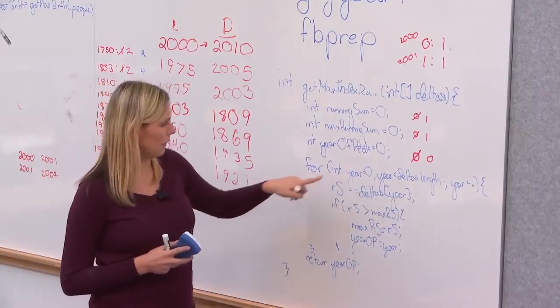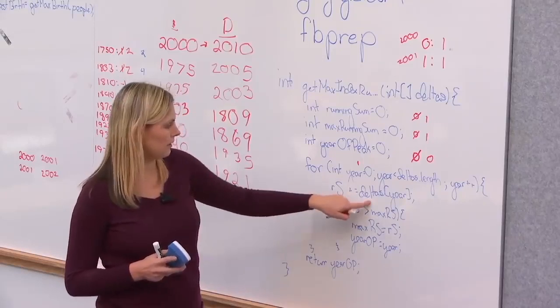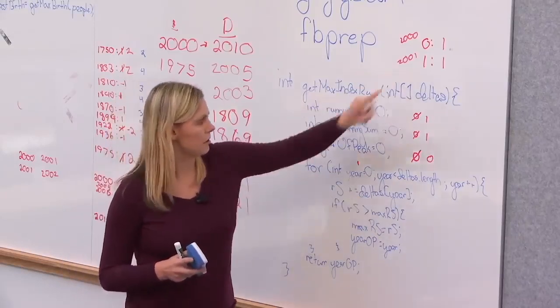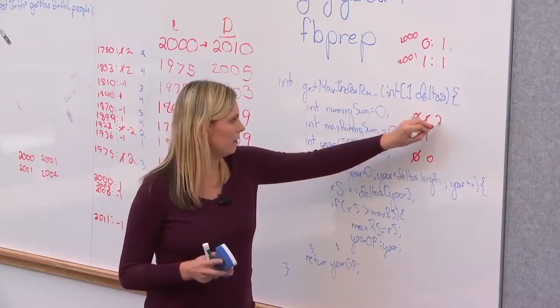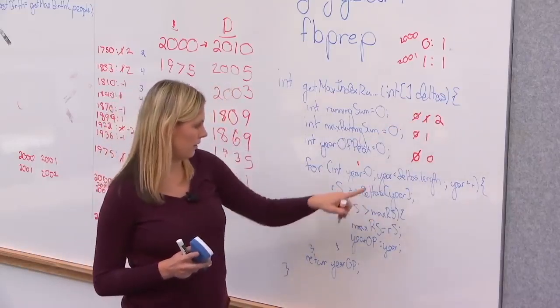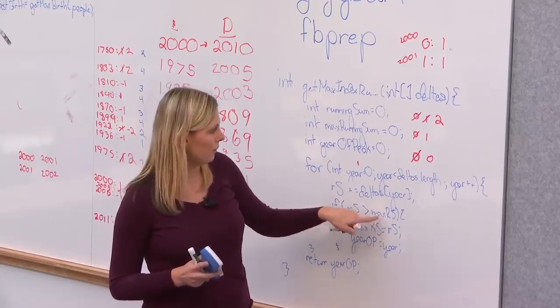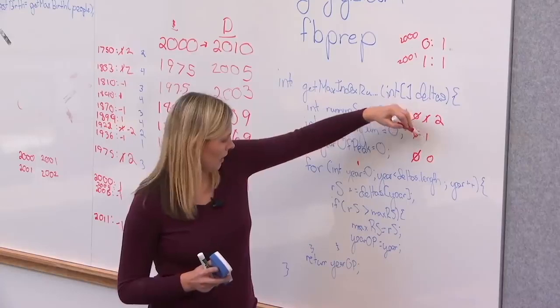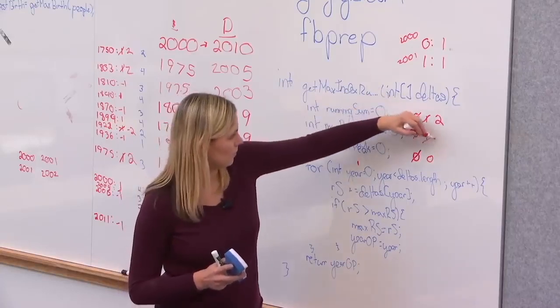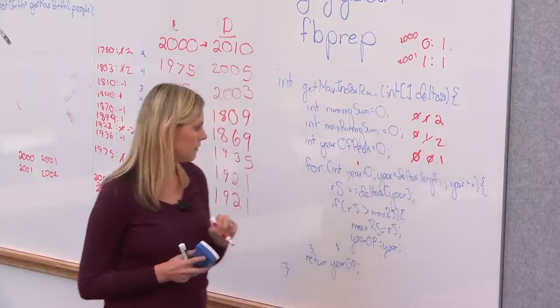Go to the next loop. Year becomes 1. Running sum plus equals deltas of 1. So increment that. Now if running sum, which is 2, is bigger than max running sum, which is 1, update max running sum, that becomes a 2. Year of peak becomes a 1.